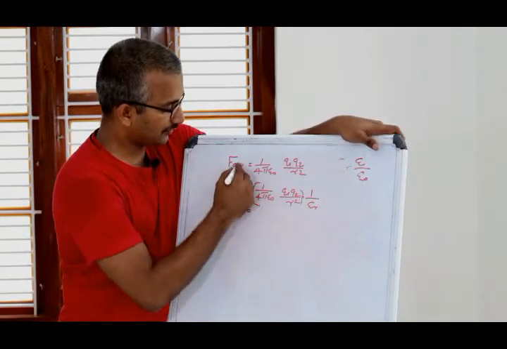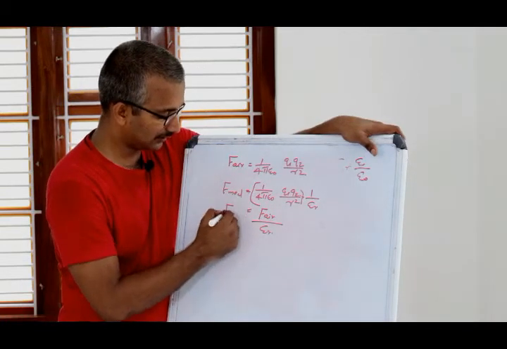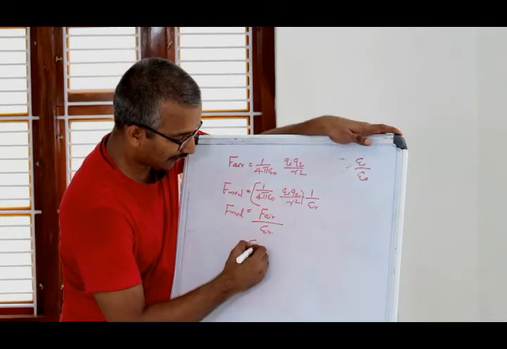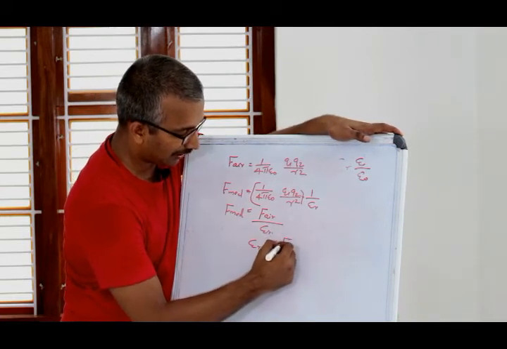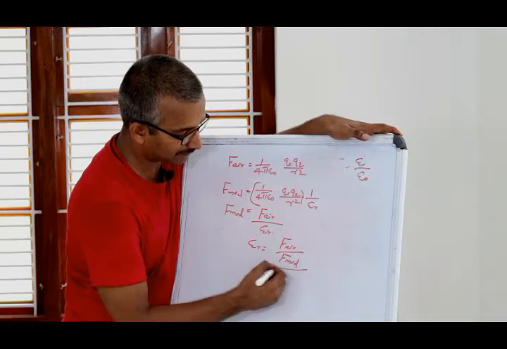This is equal to F air divided by epsilon r. That means epsilon r is equal to F air divided by F medium.